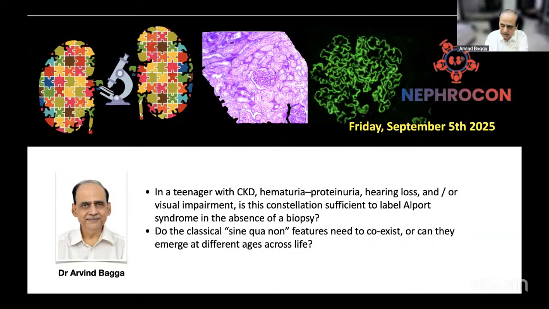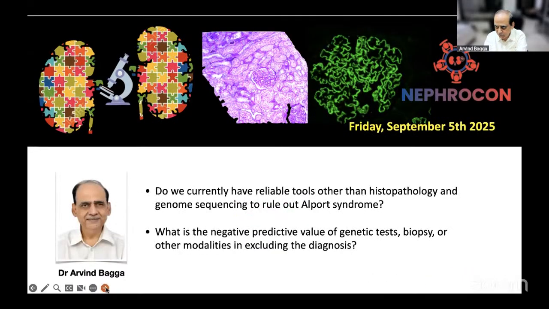Eye findings are even less common, but they are more specific. If you get lenticonus or something similar, that is a far more specific association, but eye findings may be the last to come forward. So they need not be there together.